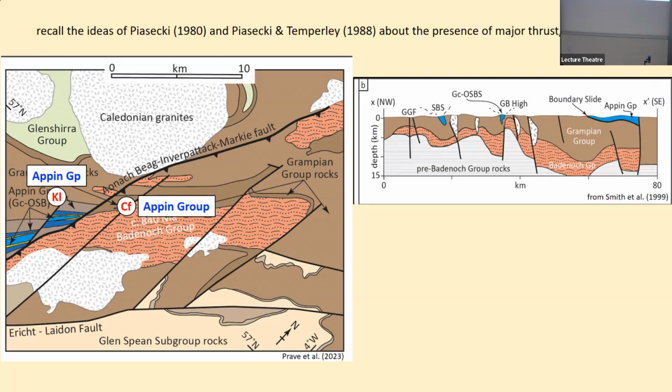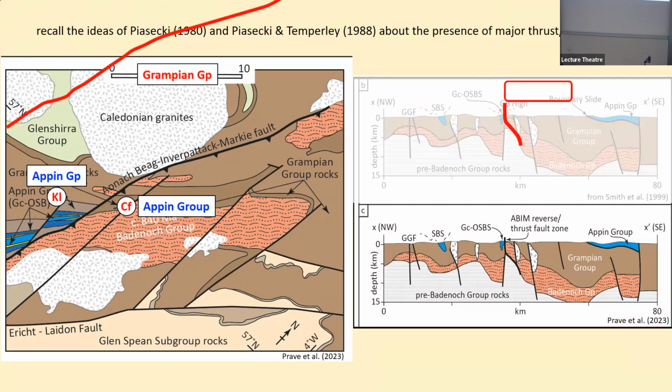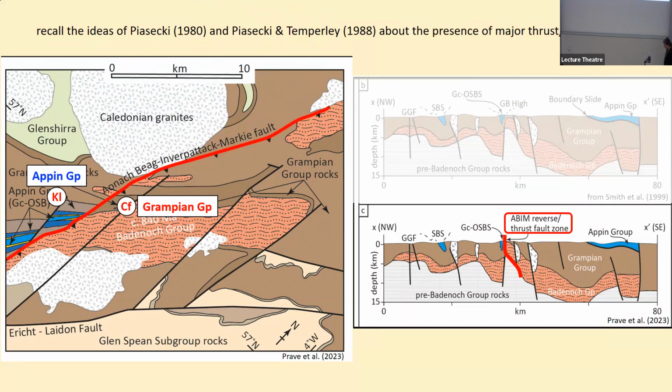What I'm suggesting is we can reinterpret it by reinventing the wheel and using Piasecki's ideas and others to suggest that this Ballachulish fault had an original reverse or thrust displacement on it, bringing up in the hanging wall the rocks to the northeast, the Grampian Group and basement, up against the Appin Group rocks that sit in these very tight synclines, which most people, when they think about structural relationships and thrust faults, recognize as footwall synclines.